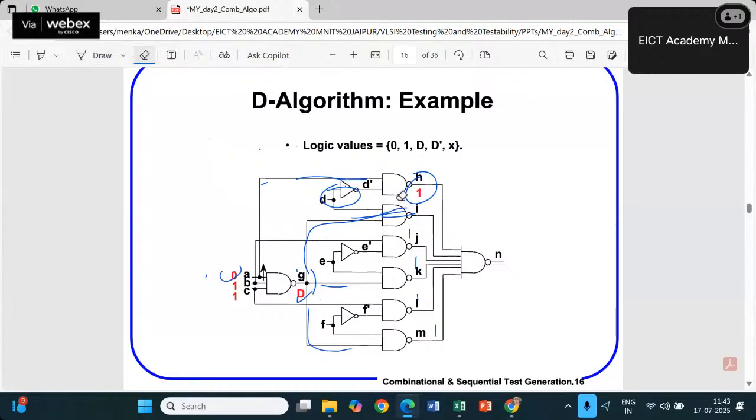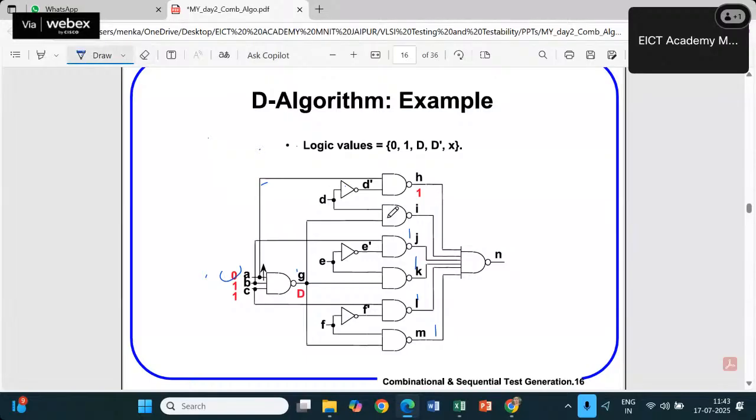Passing through the I gate means this fault is there on one branch and the other branch is having the small d input value. What should be the small d input value? If I want to pass this fault through this, then the d value can be 1. If this is 1 and this fault is over here, then of course here I can have D dash. And at the output of this, I can have D if all other inputs were 1.